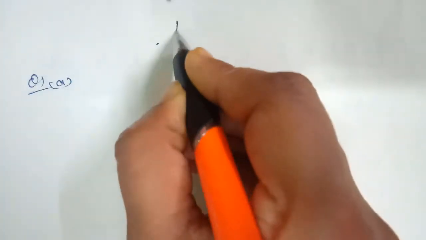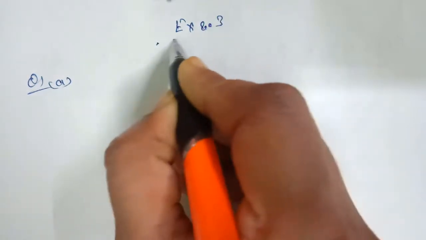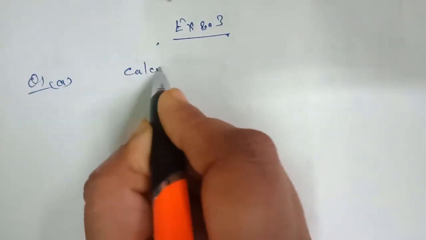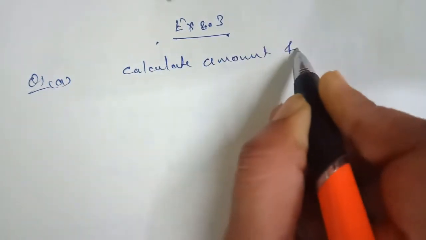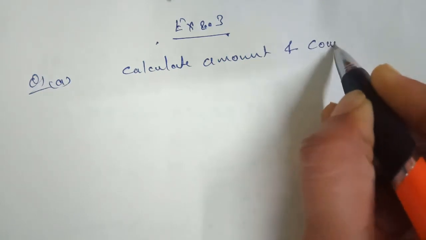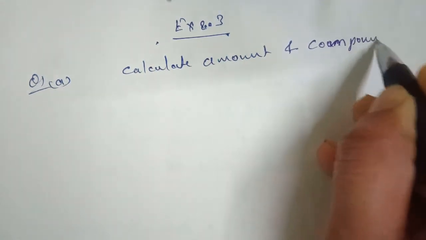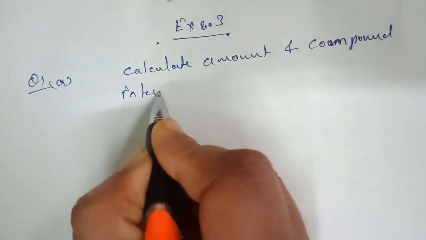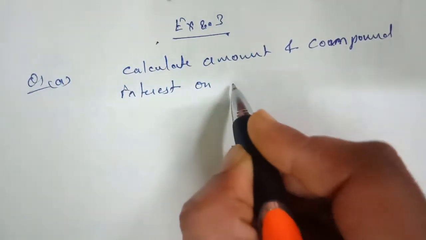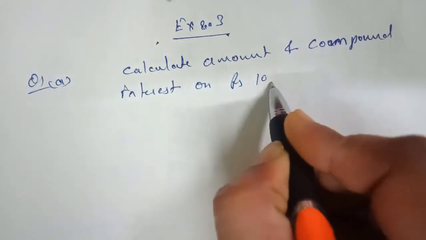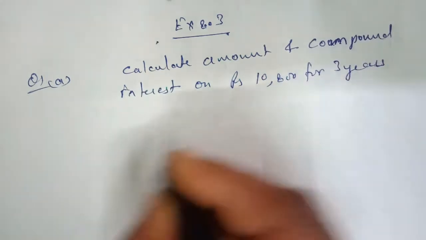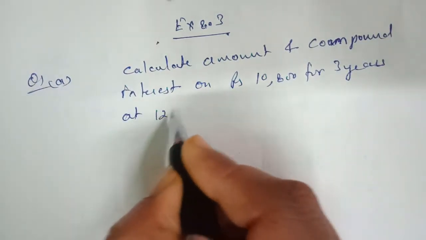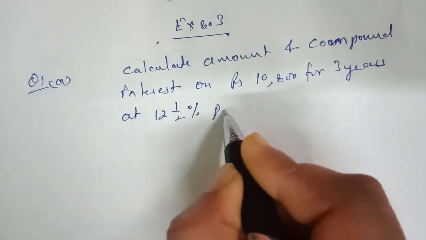Let us take question number 1, part A of exercise 8.3. Calculate the amount and compound interest on rupees 10,800 for 3 years at 12.5% per annum.